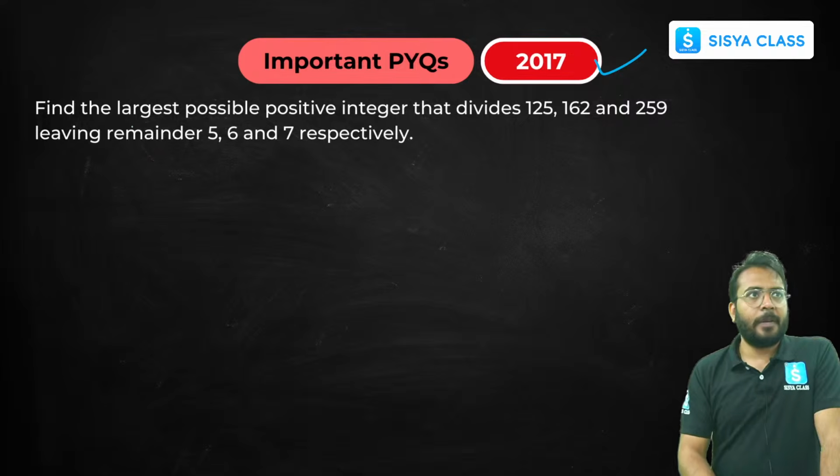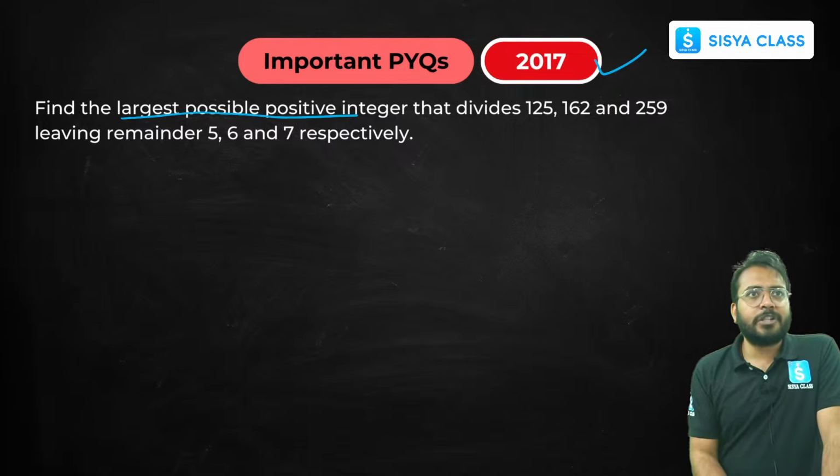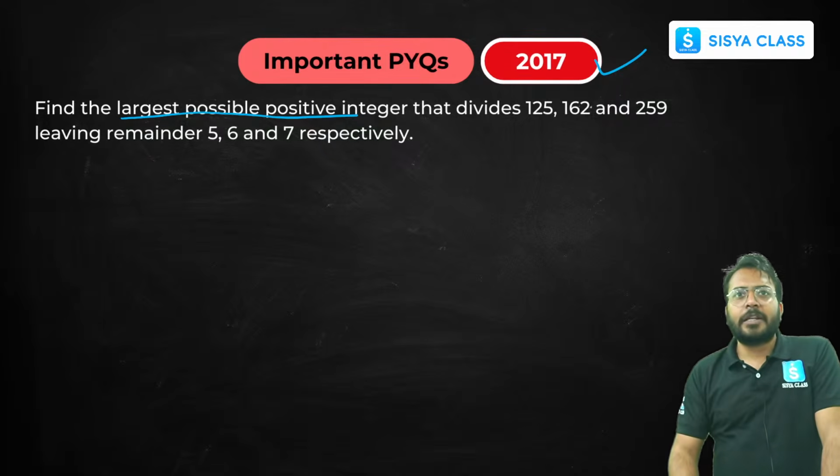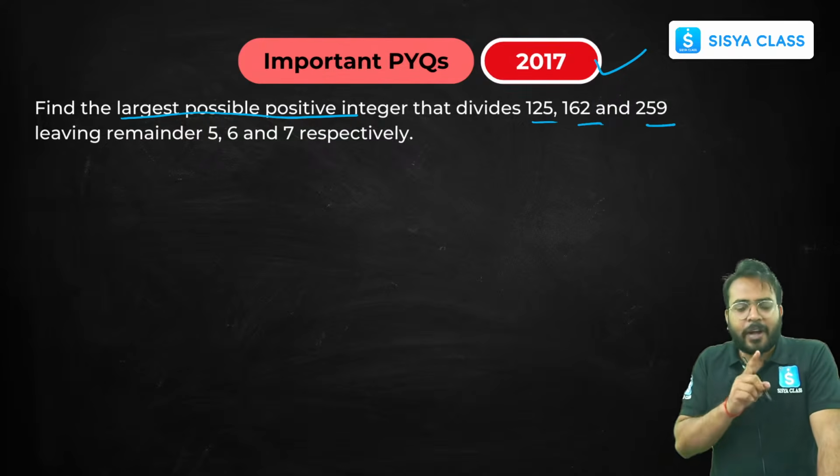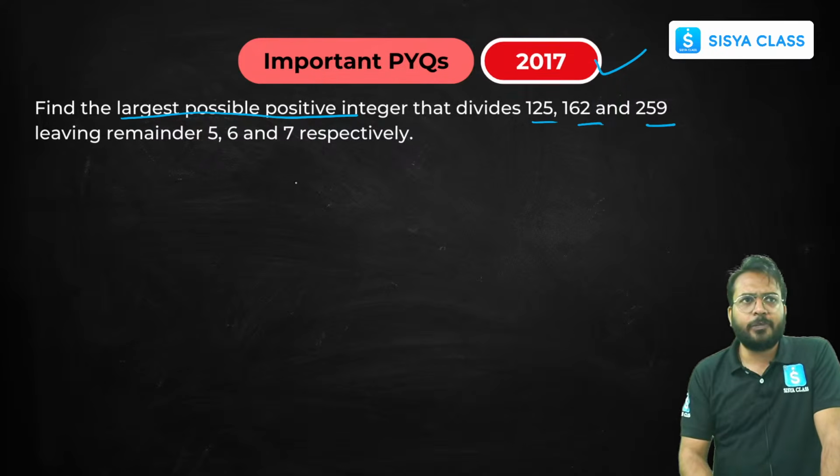All right, largest possible positive integer that divides this, and this, leaving remainder 5, 6 and 7. What does it mean, beta? Okay, there is one number 125, there is one more number 162, there is one more number 259.